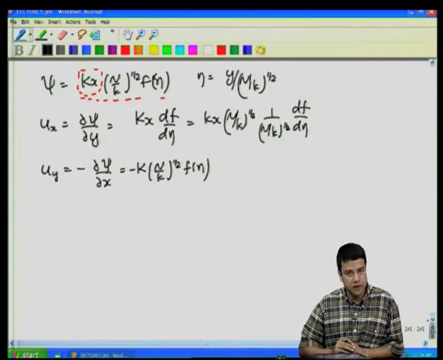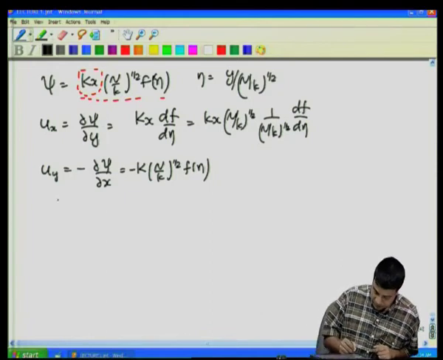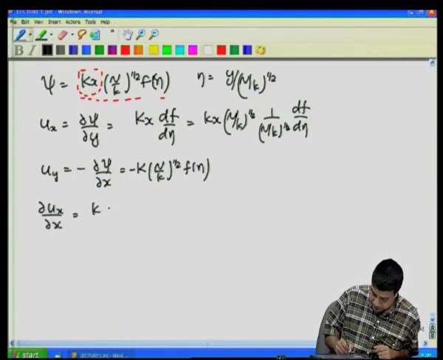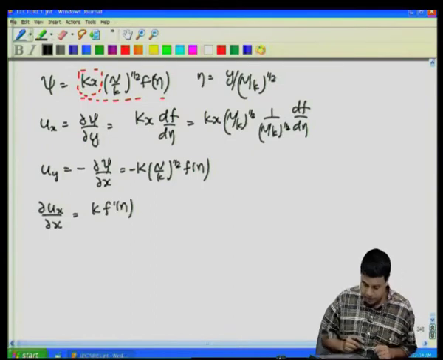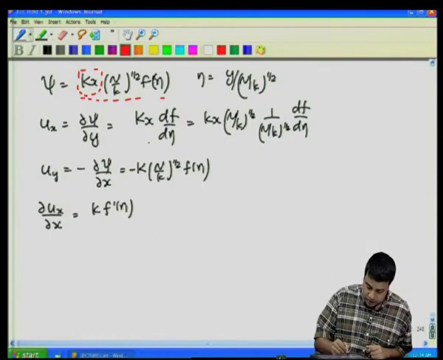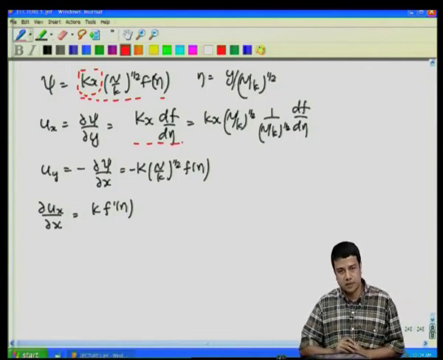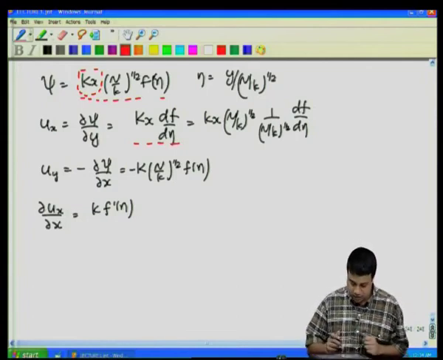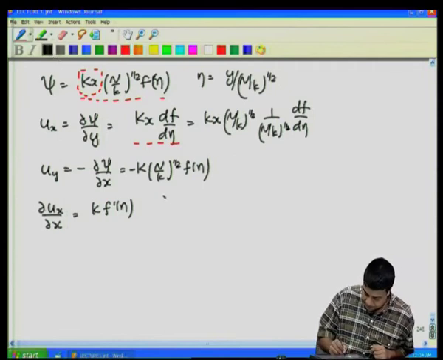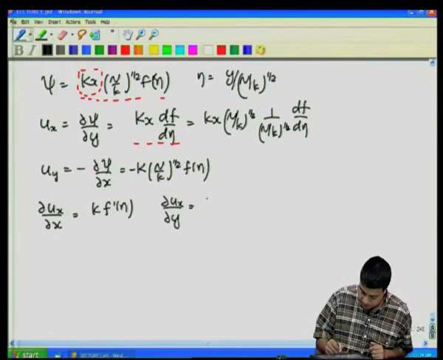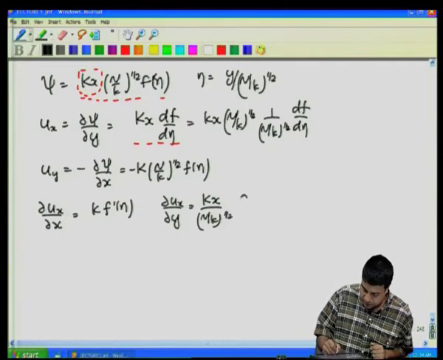And then if you recall, for the momentum conservation equation, I require partial u x by partial x, partial u x by partial y, and the second derivative. So, partial u x by partial x is equal to k times f prime of eta, just by differentiating this with respect to x, because eta is independent of x. Then partial u x by partial y is equal to k x by nu by k power half f double prime of eta.